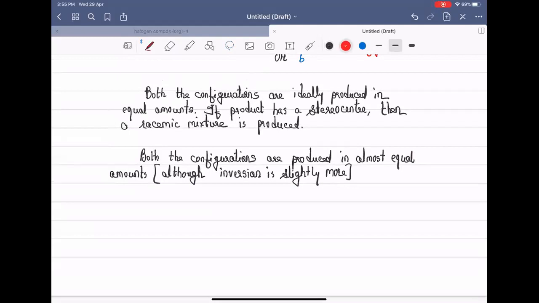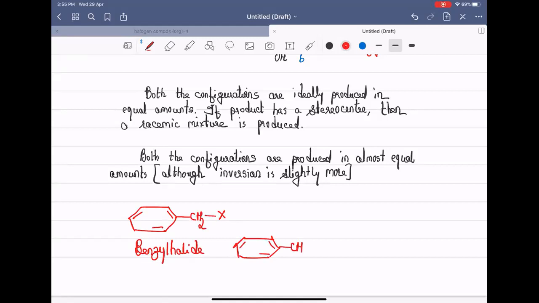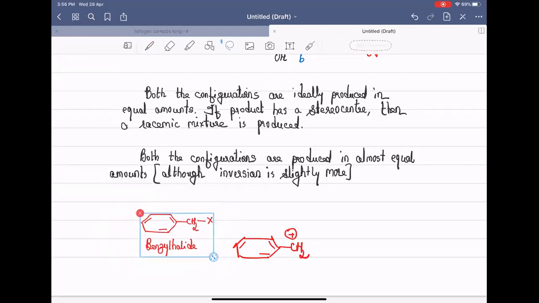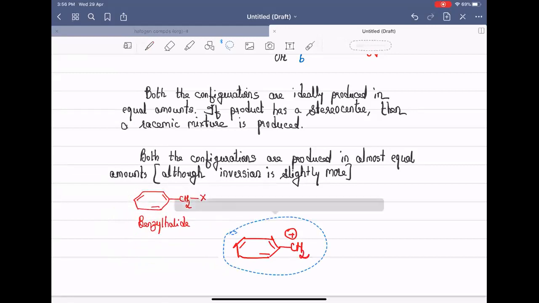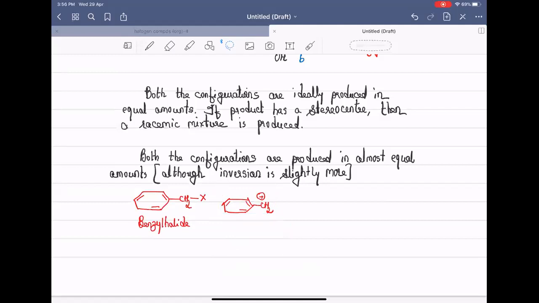Some other reactants which may undergo SN1 predominantly, right, are this, benzyl halide, because benzyl halide would always generate a benzyl carbocation which is resonance stabilized, and hence they have a tendency to undergo SN1 also. So we may put this here. This is the cation which is produced from it, right?